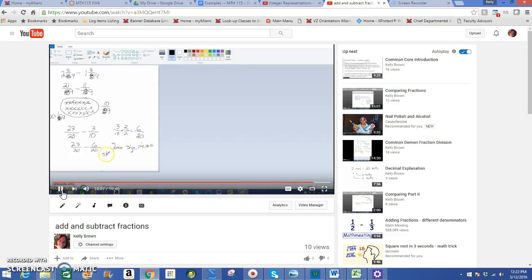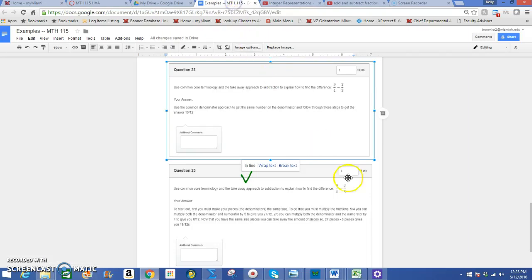And I start with 23 pieces, and I remove, I'm writing it rather than showing the picture, 6 of them. All right, that's probably enough to give you an idea.